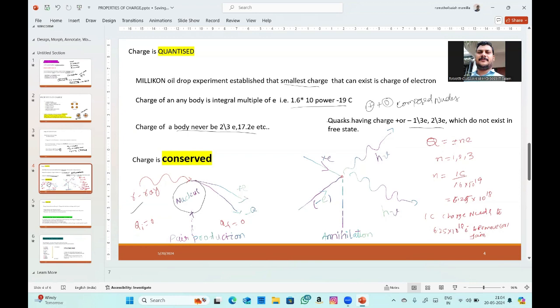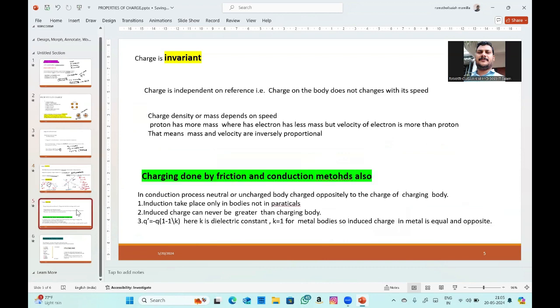So electrons and protons are emitted, an equal number of electrons and an equal number of protons. Similarly, here also electron and proton are bombarded, some energy is emitted, so no charge. So charge is conserved.